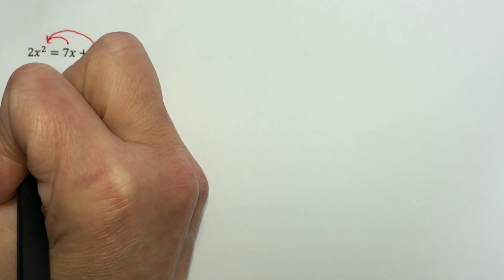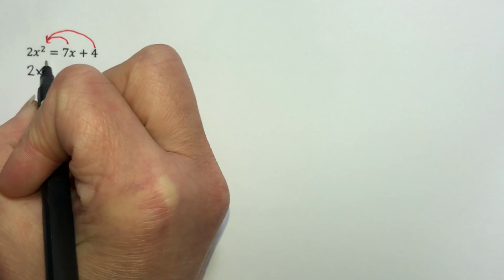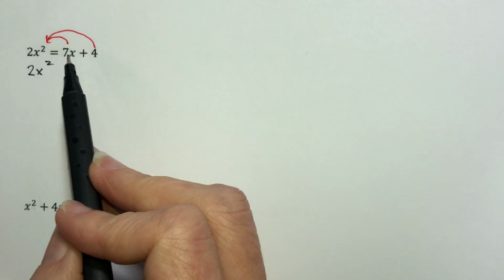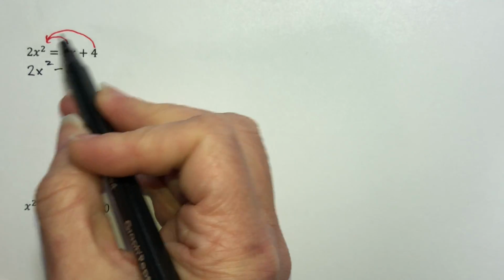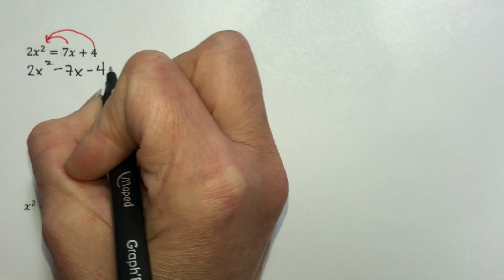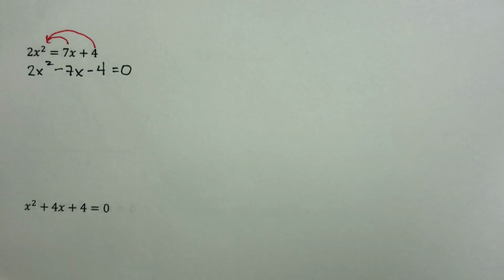So I have the 2x squared. I need to subtract 7x from both sides, and then subtract the 4 from both sides. And I end up needing to solve 2x squared minus 7x minus 4 equal to 0.